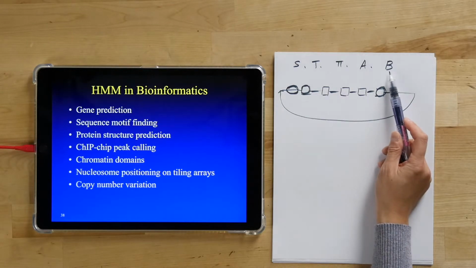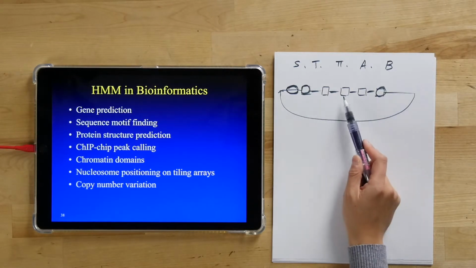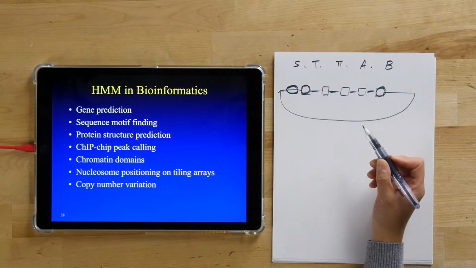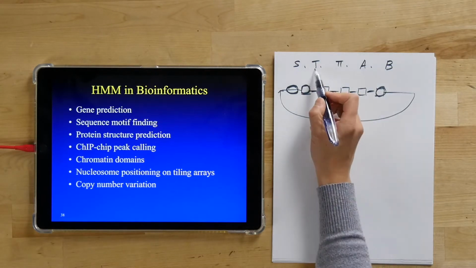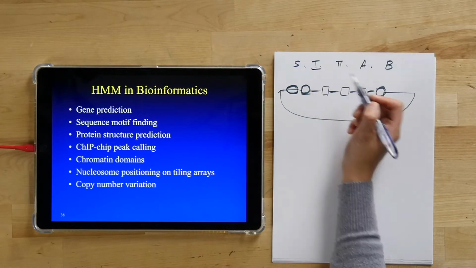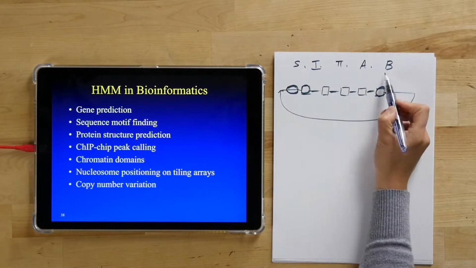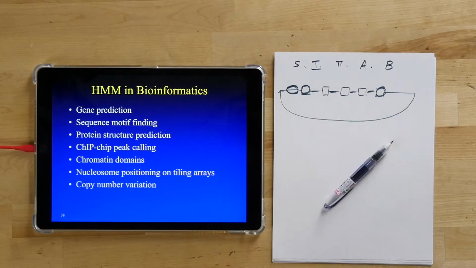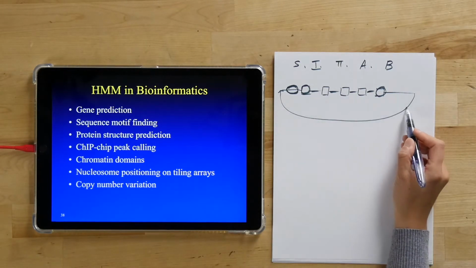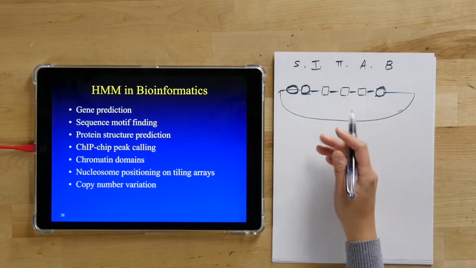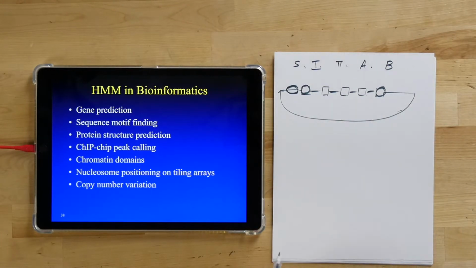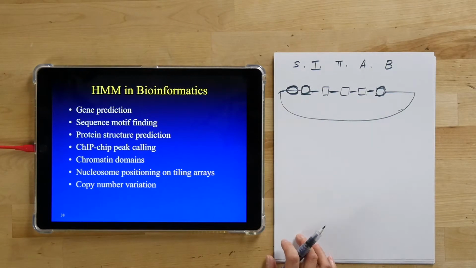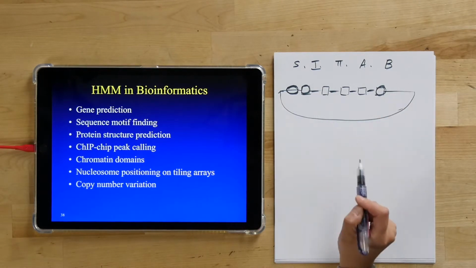The emission probability is, if you think about 6-mers as your unit, then if you are in an exon, because they code for amino acids, they will have some property of giving out certain 6-mers. But if you are in these non-coding regions, they probably don't have those properties because they don't give out protein amino acid sequence, right? So they will have a different emission probability.